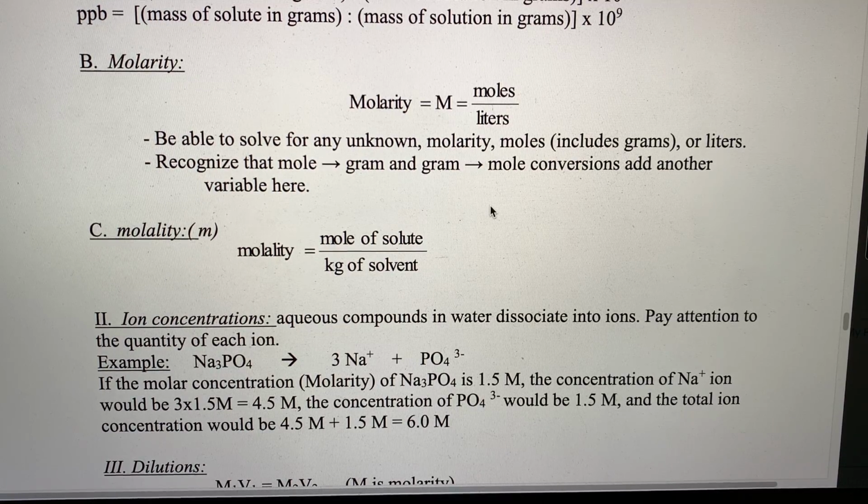You should know what the substance is. For example, sodium chloride, molar mass is 58.44. You take sodium plus chlorine. Then you take the mass divided by molar mass, and you get the number of moles. And if you're given the volume in milliliters, you divide it by 1,000, because there are 1,000 mL in a liter. Dividing by 1,000 converts milliliters to liters.